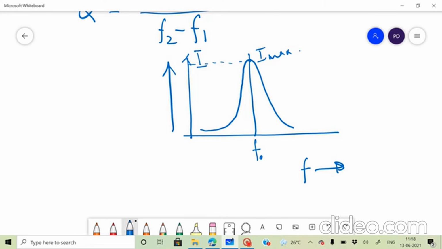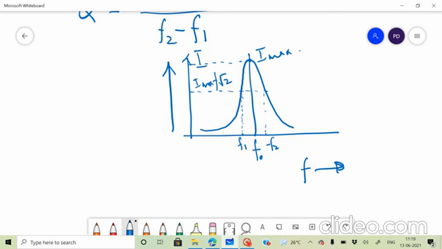You will have two more quantities. Now you take the two frequencies F1 and F2 at which the current becomes I max over root 2. Now why is it I max over root 2?